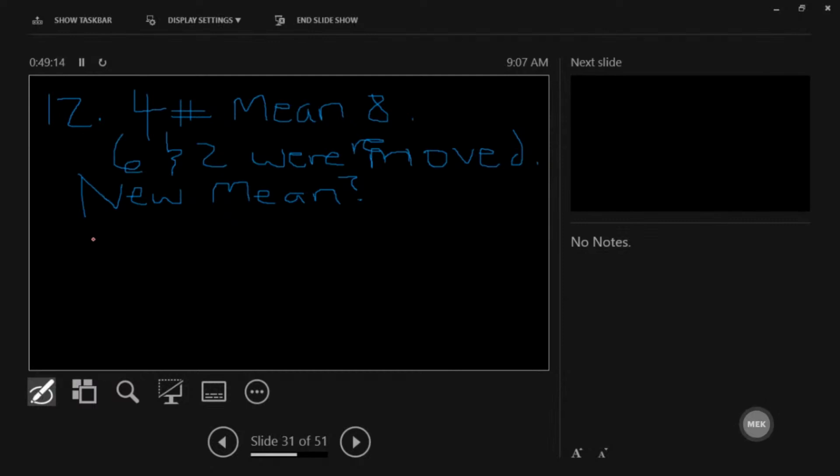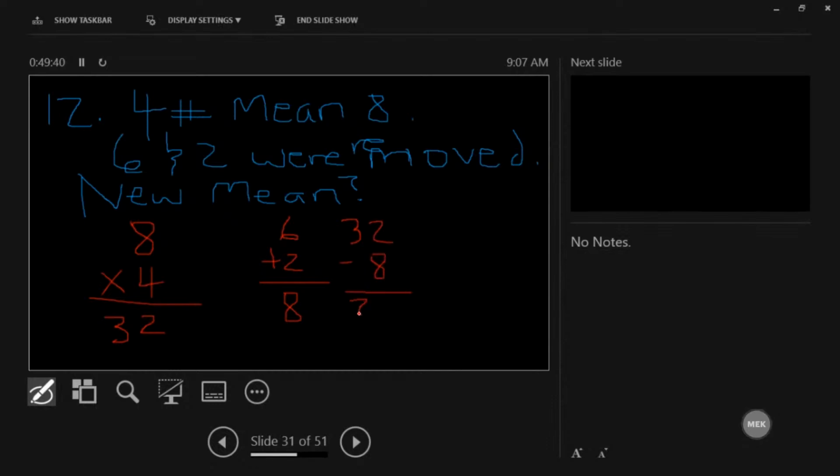So that means the total of those 4 numbers is 8 times 4, which is 32. Now, if we're going to take out 6 and 2, 6 and 2 is 8, right? We're removing 8. So take out 8 from the 32. That leaves 24. So 2 numbers remain and the total is 24. So the mean would be 24 divided by 2 now, not 4 anymore, because 2 numbers gone. So the new mean is 12.